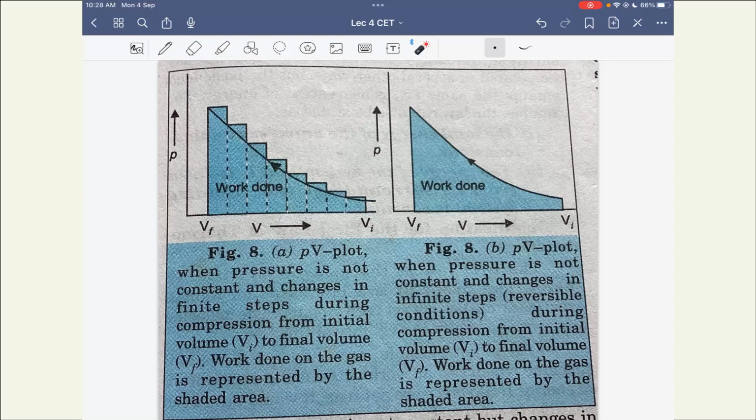So what we have, if the pressure is not constant but changes in an infinite number of steps such that it is always infinitesimally greater than the pressure of the gas, there is another terminology for this. This is called reversible work done, in which each step is in equilibrium. Whereas here the pressure remains constant, each step is not in equilibrium, so this is an irreversible work.